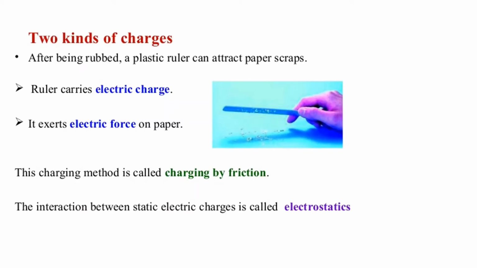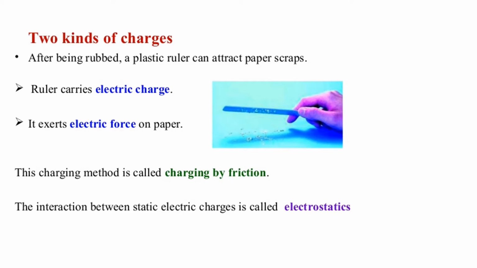Now there are two kinds of charges. How is it? If we take a plastic ruler and rub it, and after rubbing, we take a few pieces of paper, it will attract the scraps of paper.